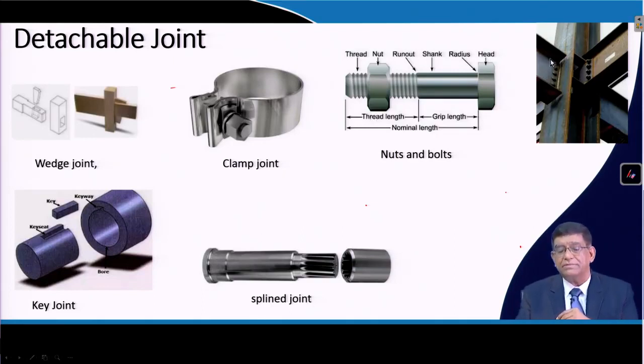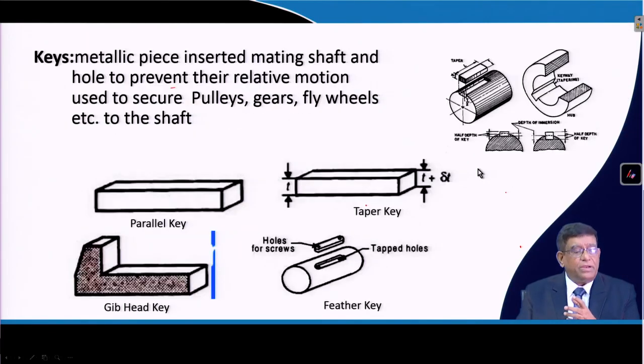You can see these nuts and bolts, say in a bridge, such joints are also there. So this is a detachable joint, and you can see here how they are designed, how the different types of loads are coming. That is only needed when you want to do something very specific. It may not be needed by a mining engineer, but when a mining engineer manages the mines, they will have to manage the mechanical engineers and the maintenance engineers.